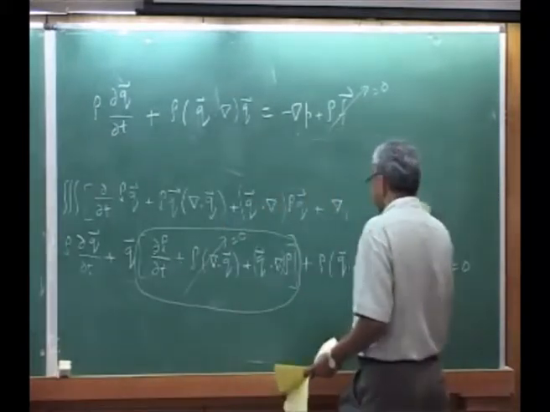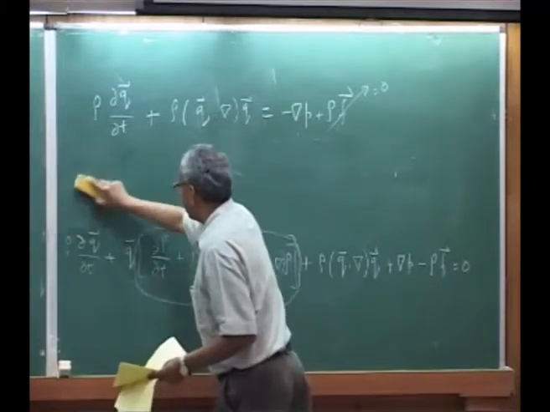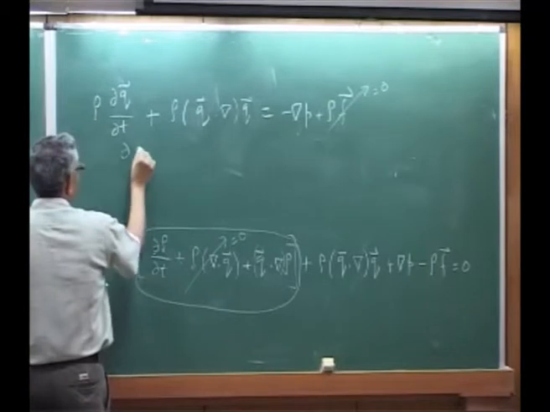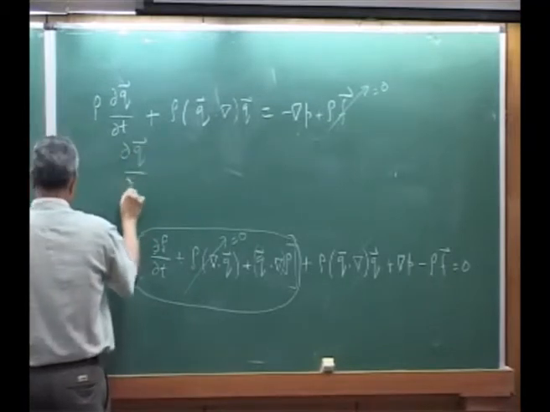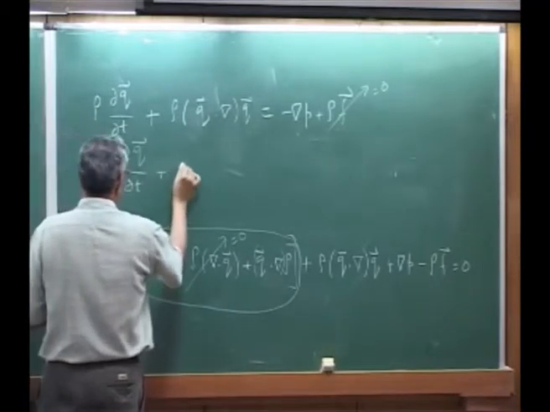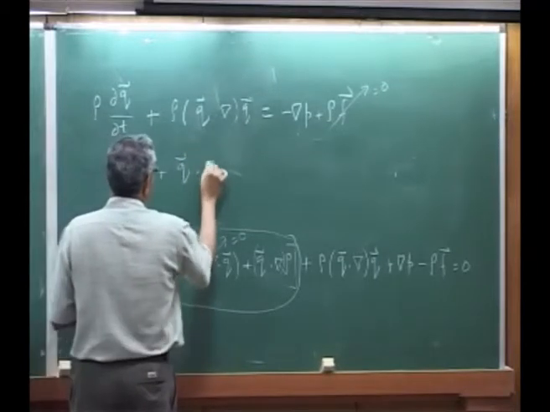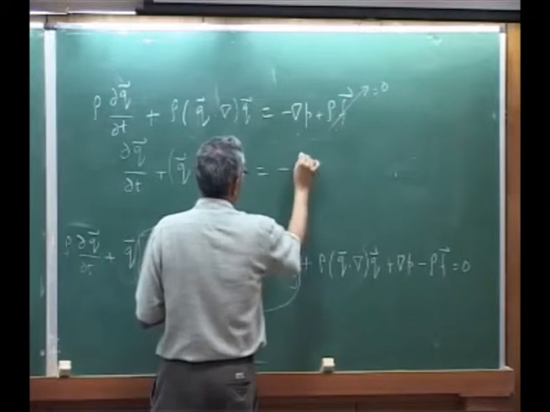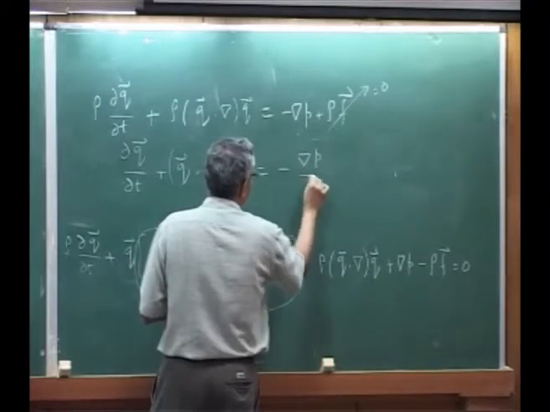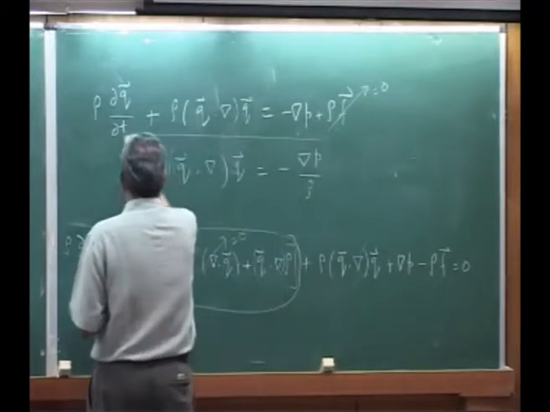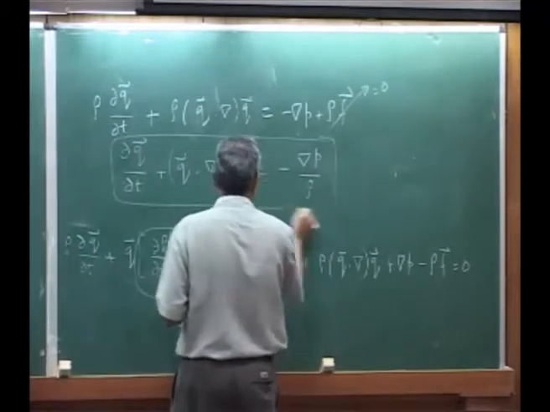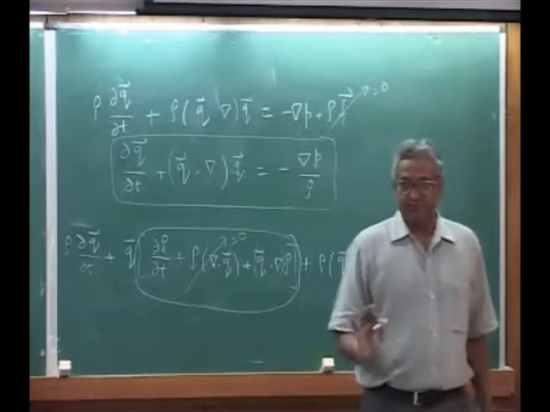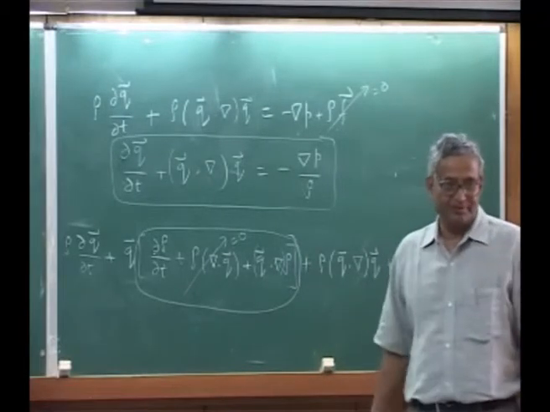So you will write this equation as delta Q over delta T plus Q dot del Q equals minus delta P over rho. This is my momentum equation. That's all.